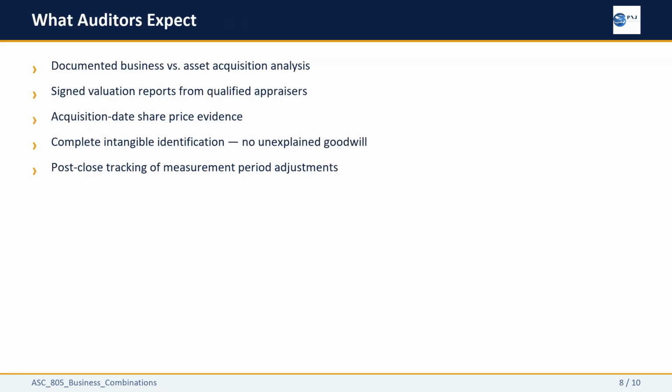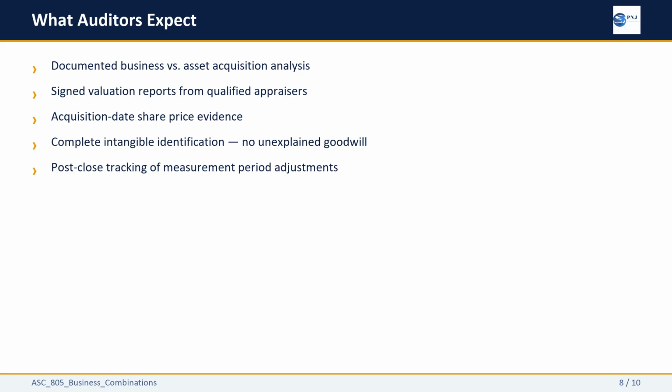Auditors focus on several specific areas in a business combination. First, documentation of the business versus asset acquisition analysis, the concentration test work papers, and the three-element assessment. Second, independent valuation reports for all significant assets and intangibles, signed by qualified appraisers. Third, evidence of the acquisition date share price used for equity consideration.